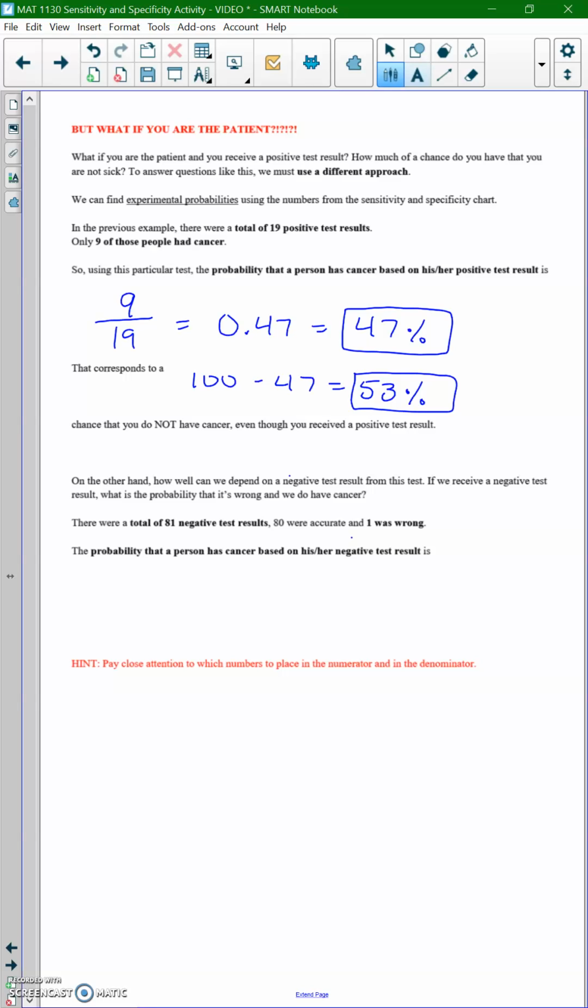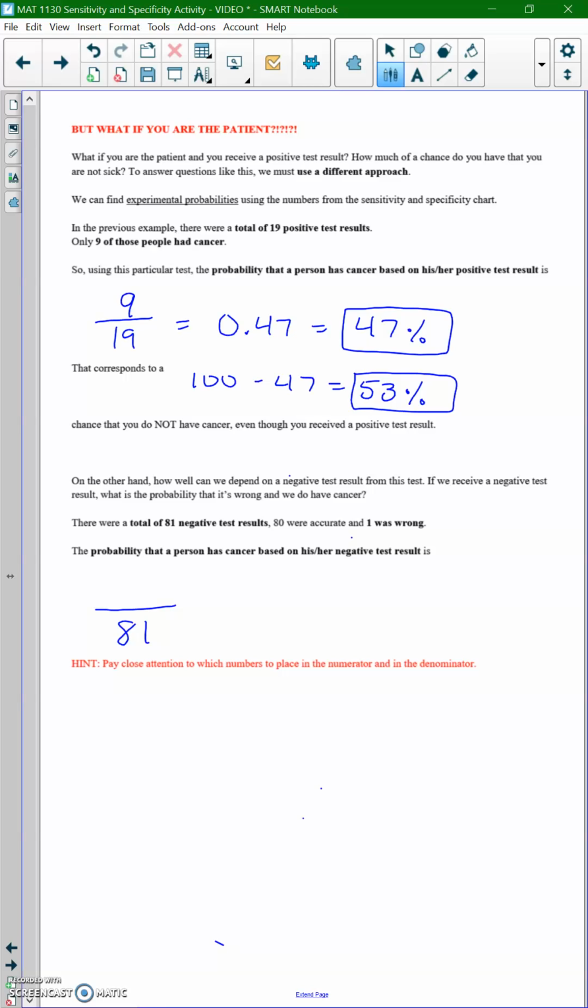On the other hand, how well can we depend on a negative test result from this test? If we receive a negative test result, what is the probability that it's wrong and that we actually do have cancer? Here there were a total of 81 negative test results, so we'll put that number on the bottom. Out of our 81 negative results, we wanted to know the probability that the person has cancer.